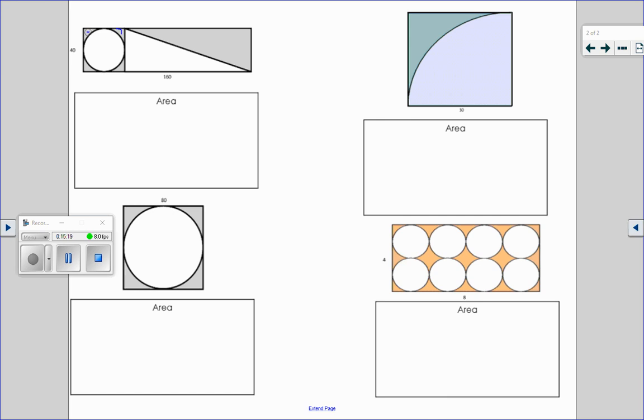I want this and this and this and this, and I want this shaded piece. All right, so I'm going to first start with this side, and I know that I need to find the area. So if you haven't paused it already, pause the video and try to solve this one on your own.